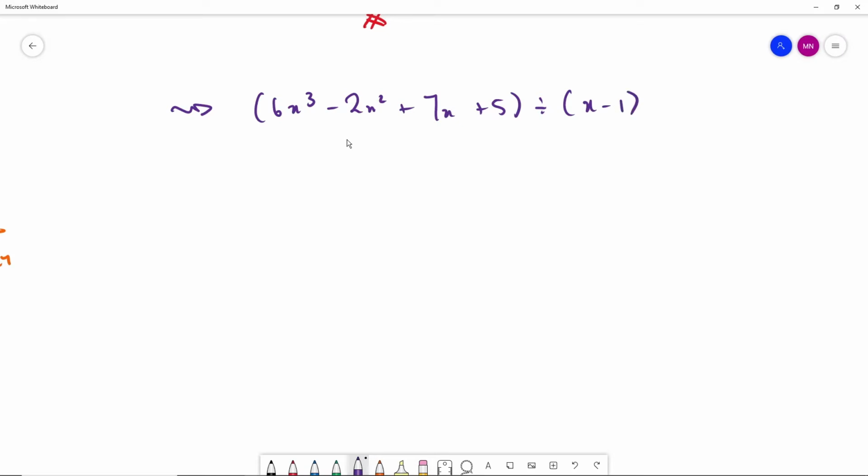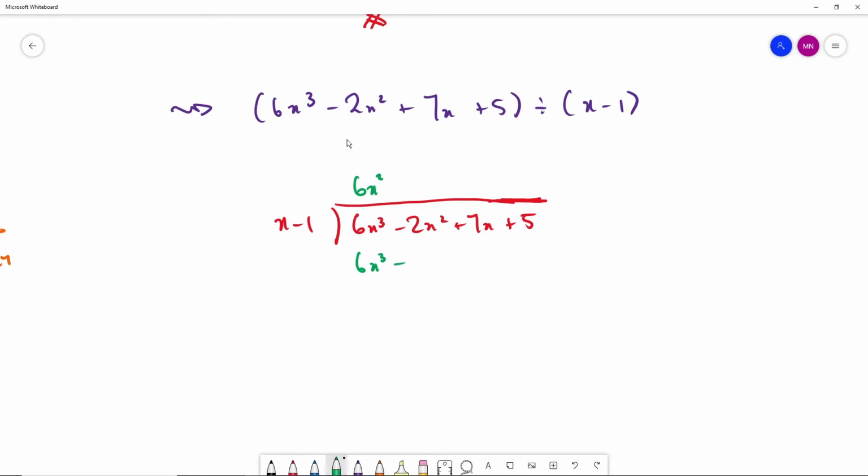So we rewrite it in the normal division form: x minus 1 dividing 6x cubed minus 2x squared plus 7x plus 5. This one, we want to eliminate 6x to the power of 3. So we take 6x squared. 6x squared times x is 6x cubed minus 6x squared.